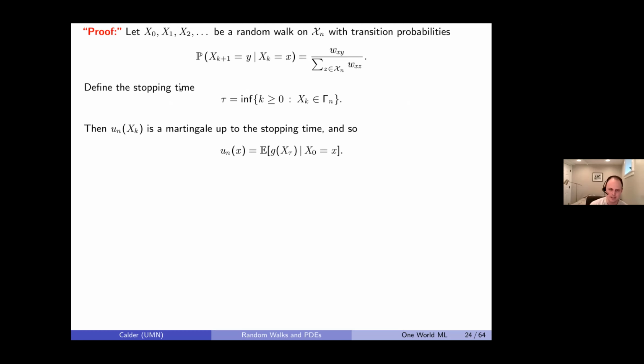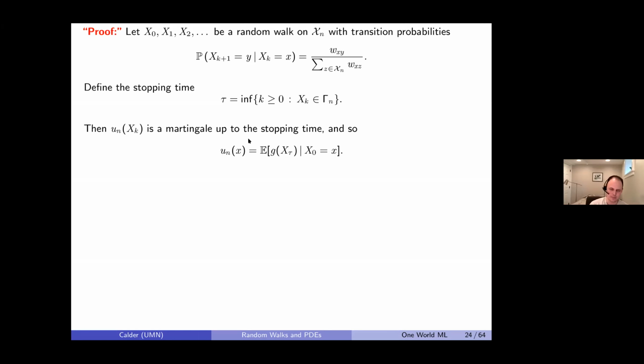And then you have the classical formula for the solution of the Laplace equation in terms of the random walk: the value un of x is the expectation of the label that you hit first with this process. It follows just from the fact that un of xk is a martingale. So this is just Doob's optional stopping theorem.